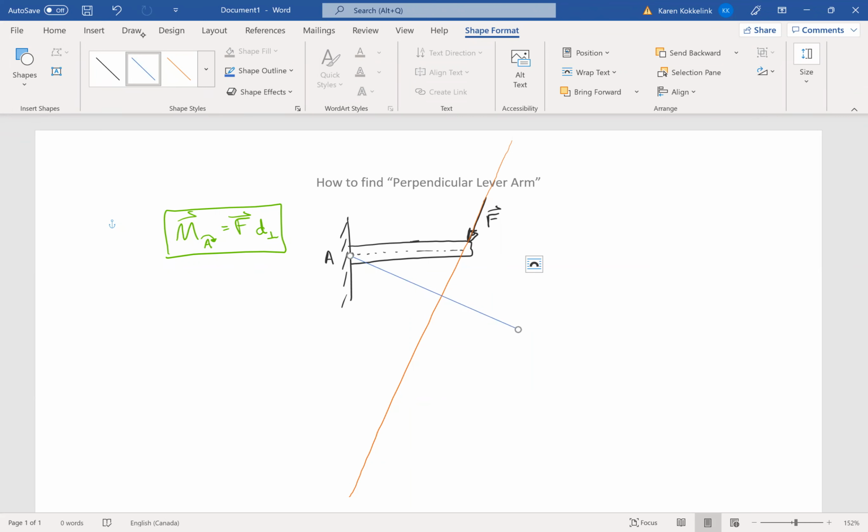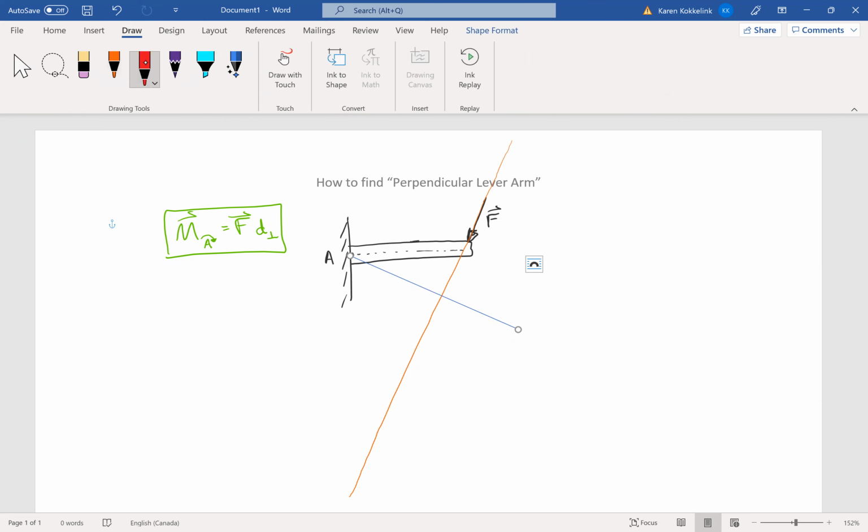There it is at 90 degrees. Let's always draw our 90 degree angle in red. Now you ask yourself, what is the distance? Is it this distance or this distance? It is the line that will attach to the point of rotation A. So it is not this one over here. This is my perpendicular distance, right here.